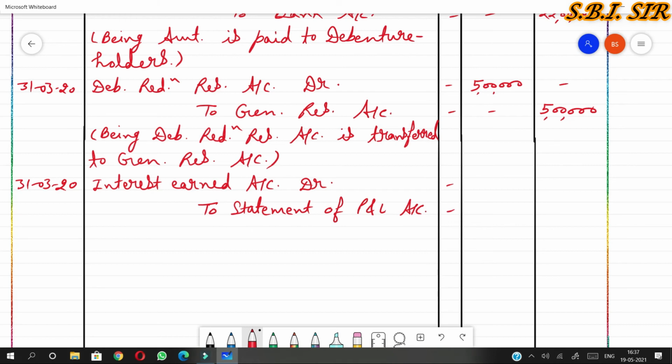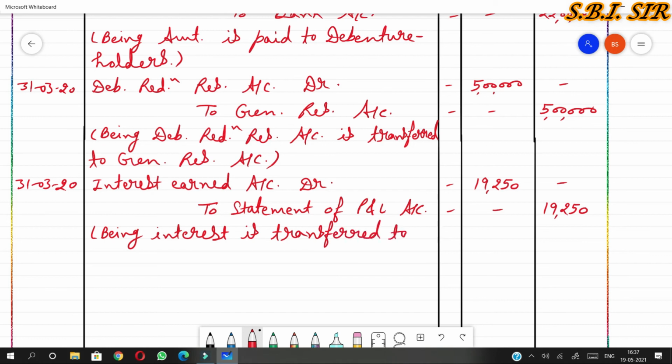The interest was 19,250. Narration being interest is transferred to statement of P&L account.